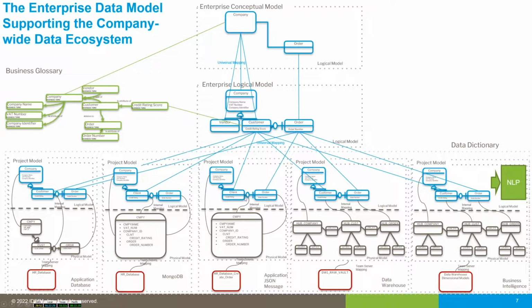From the logical model, we can now in ER Studio generate a physical model for our JSON messages or our Mongo, and that then allows us to standardize the messages. We're using standard descriptions of objects, standard attributes, standard relationships between them.